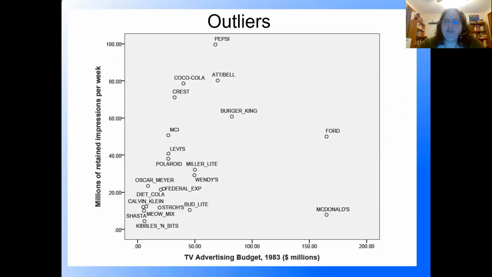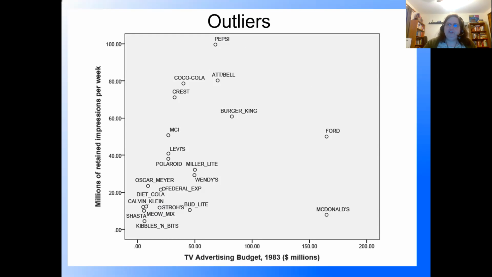The next issue I want to talk to you about is outliers. If you look at this, you see three kind of obvious outliers: McDonald's, Ford, and Pepsi. Now, the question is not just, is it an outlier, but does it make a difference?